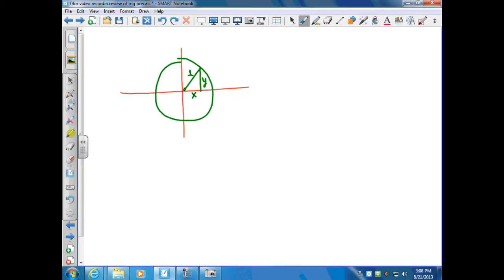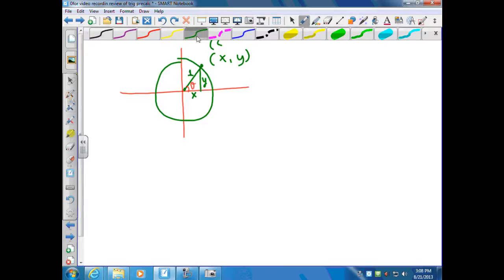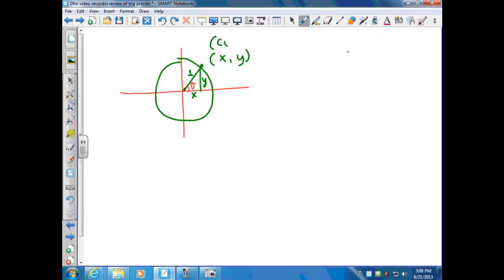So at any given point, what you have here is x comma y, which is the same thing on the unit circle as if you define this angle as your theta, you have cosine theta comma sine theta. So when you look at any value, such as right here, this is your 90 degrees, also known as pi over 2.